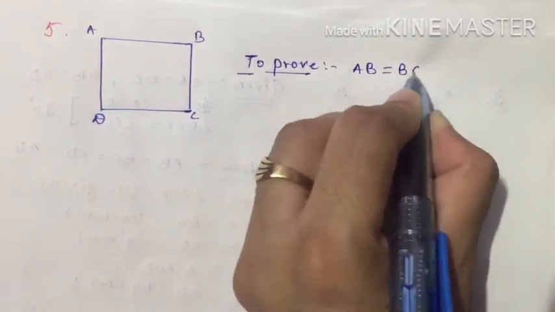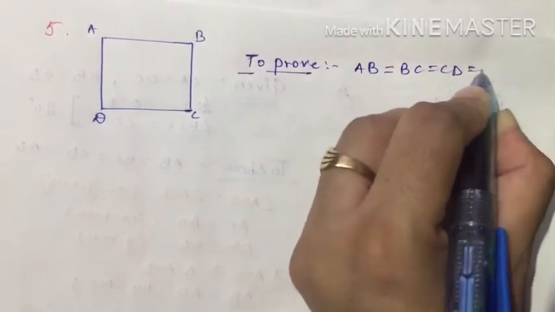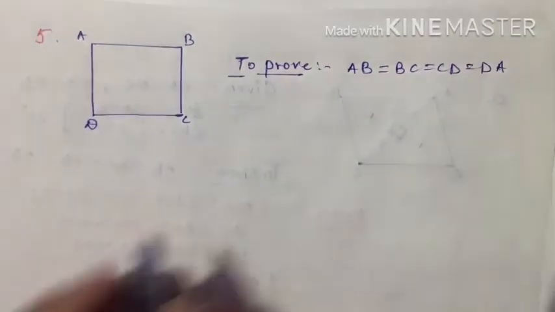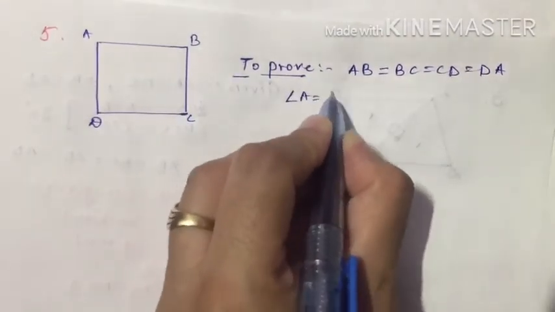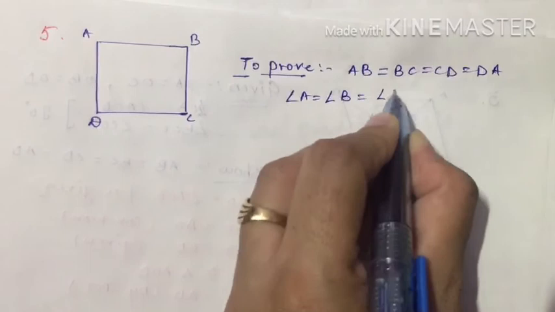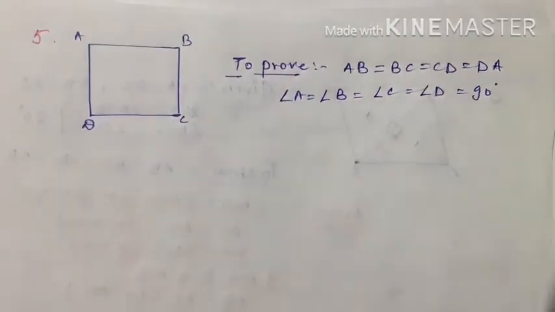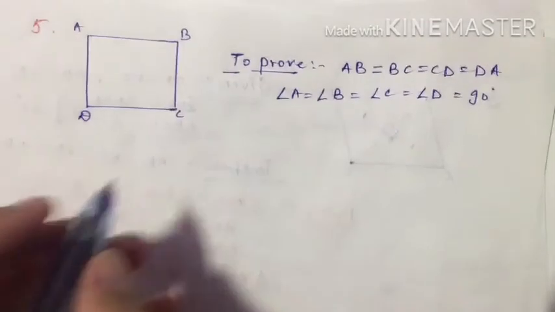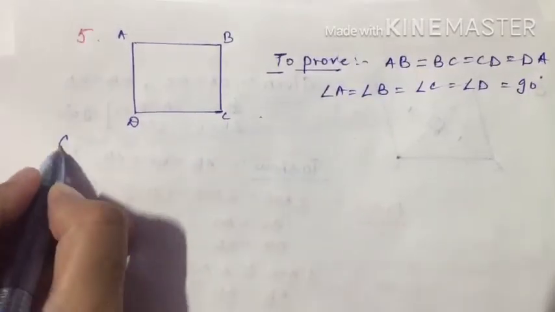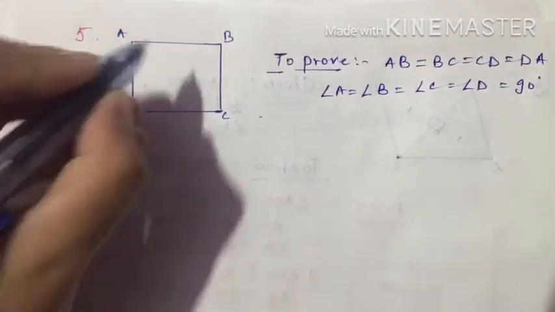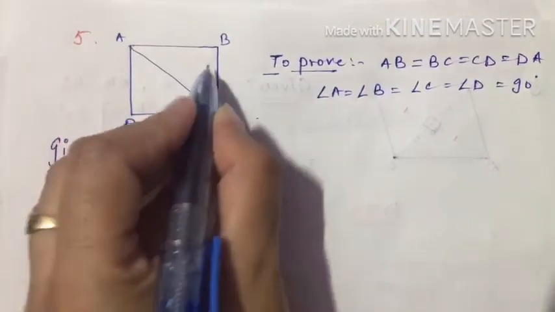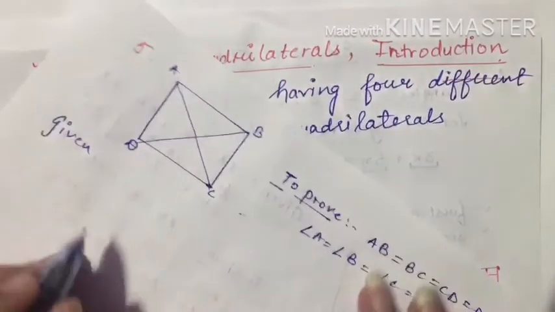AB is equal to BC is equal to CD is equal to DA. One thing I have to prove, I have to show angle A is equal to angle B is equal to angle C is equal to angle D, and all angles I have to show of 90 degrees. This is what I have to prove. And the given information I should know, what information they have given to us. They have given AC is equal to BD. My diagonals are equal.